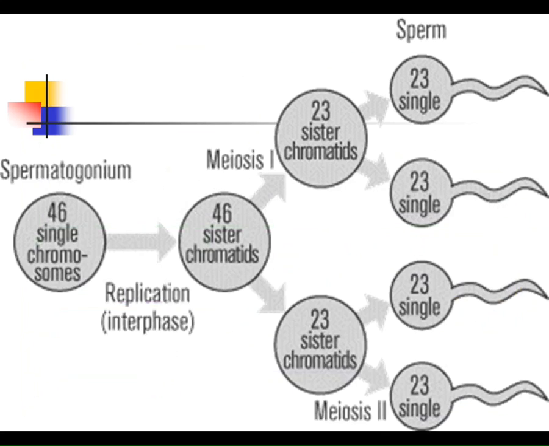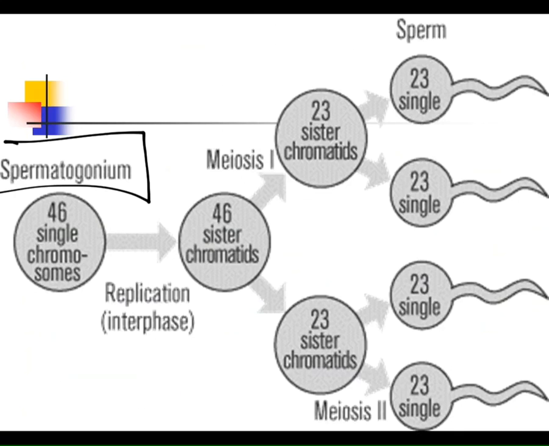So just to get an overview of spermatogenesis, this would be the first cell in the process, a spermatogonium. Where are these cells found? Where would spermatogonia, plural, be found? Where? I heard the testes, yes. Where in the testes? In the tubes, right?